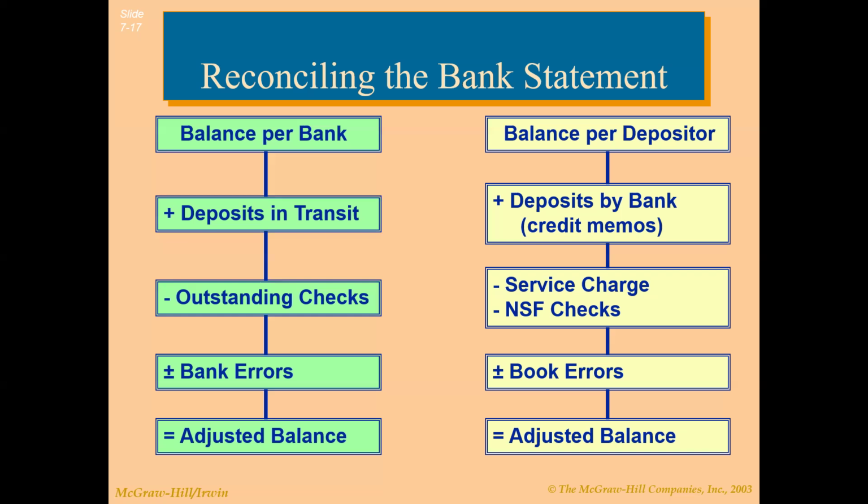Here we have the balance per bank. You add deposits in transit, and you deduct outstanding checks. If you have committed some errors, they may be corrected by adding or subtracting, and you will get the adjusted balance. Then for the balance per company account, we add credit memos, like interest or dividend amounts where the bank has credited your account, so you should update your account as well.